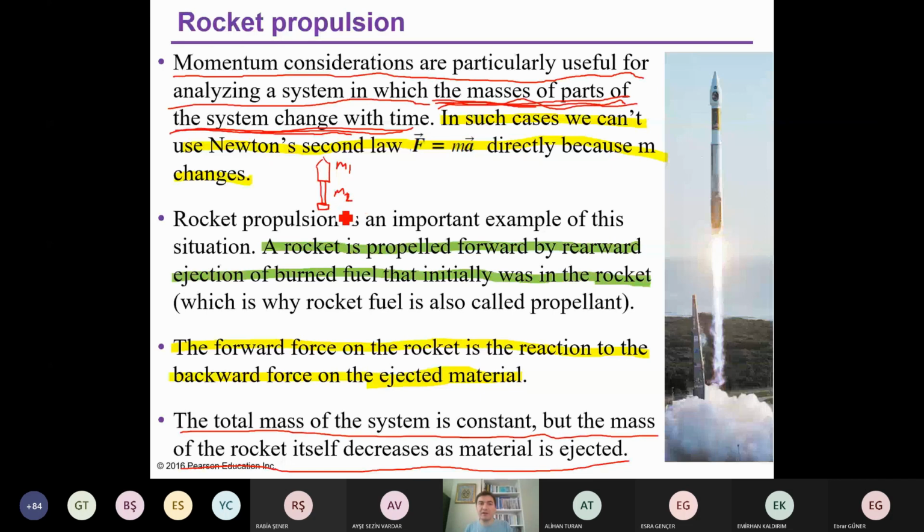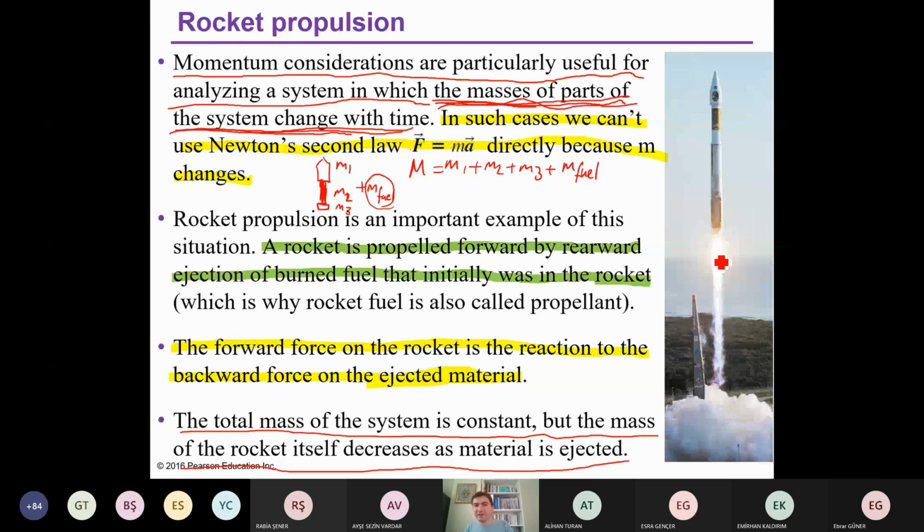And also here we have fuel of the rocket, plus fuel, okay? We have many masses here. So what about the mass of the fuel? At the beginning, total mass of this system is given with m1, m2 plus m3 plus m fuel, let's consider.